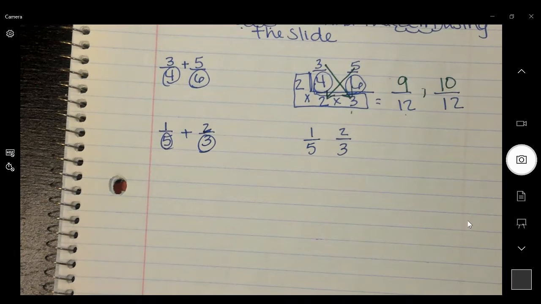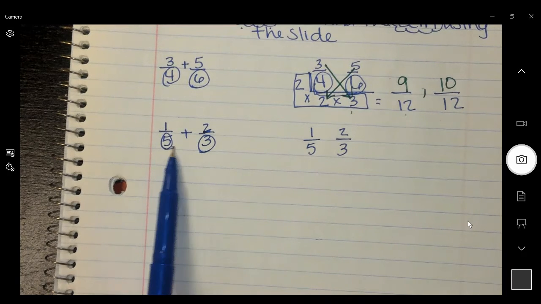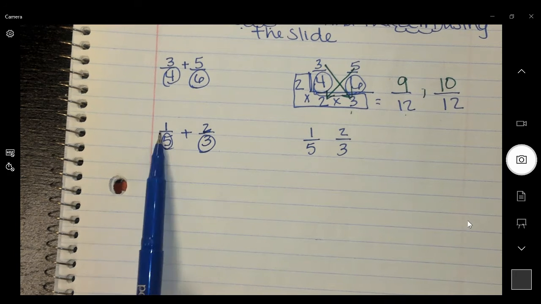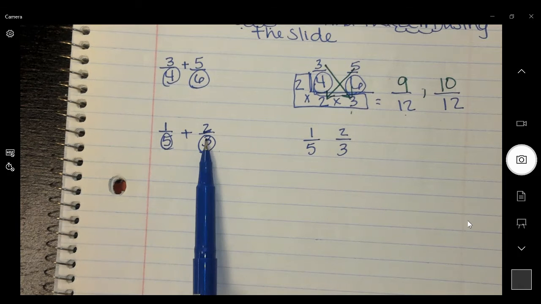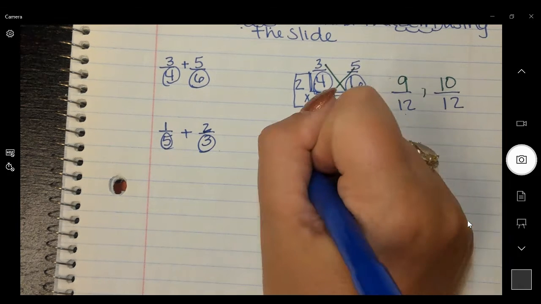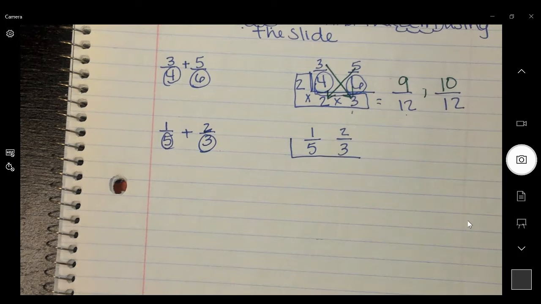It is very important that you keep them in the same order that they come in the problem. Because what's going to happen is you're going to swap them, and the order's going to be mixed up, and then you're going to get the answer wrong. So 1/5 comes first. 2/3 comes second in the slide. Order does matter.